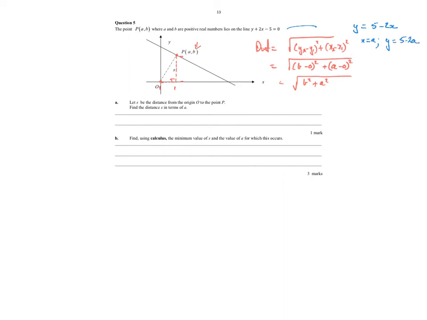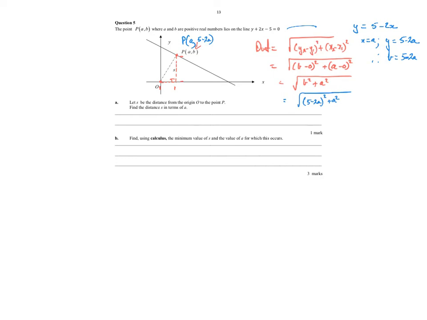So this coordinate P is the coordinate (a, 5 minus 2a). So in actual fact, b is equal to 5 minus 2a because b is my y value. So I can change this to be the square root of (5 minus 2a) squared plus a squared.